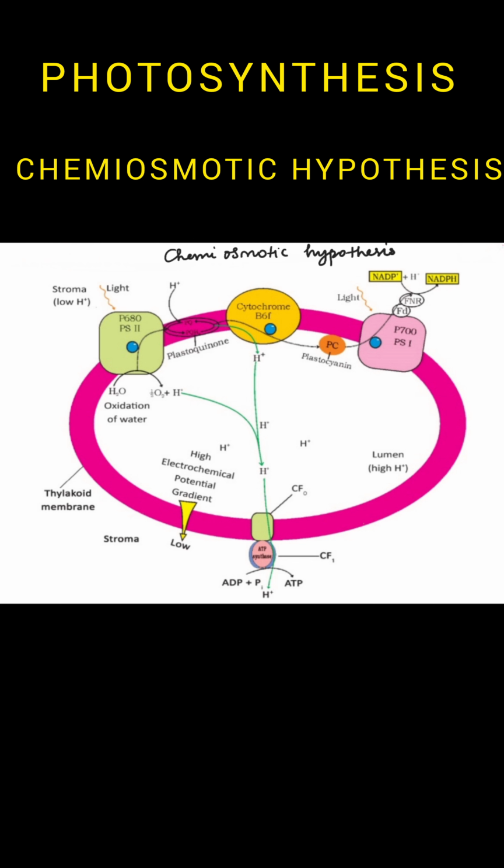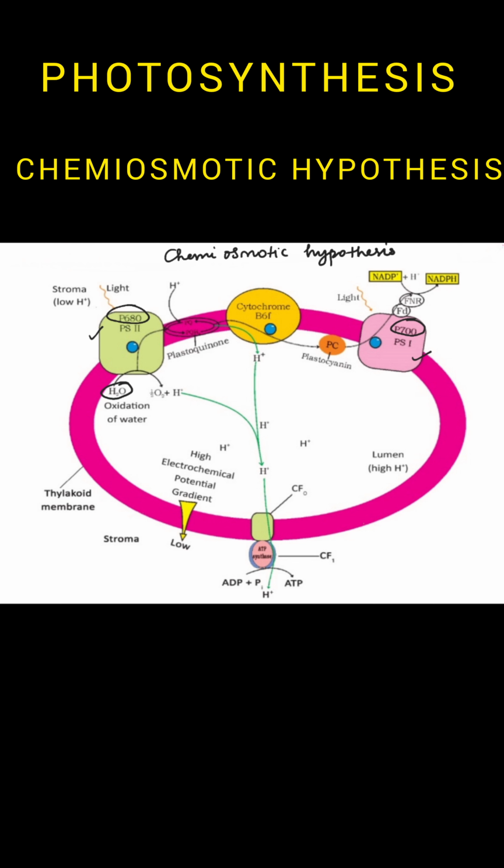You know that it happens in the thylakoid. The thylakoid membrane consists of photosystem 2 and photosystem 1. Photosystem 2 has a wavelength of 680 nanometers and photosystem 1 has 700 nanometers. Near photosystem 2, the splitting of the water molecule occurs.